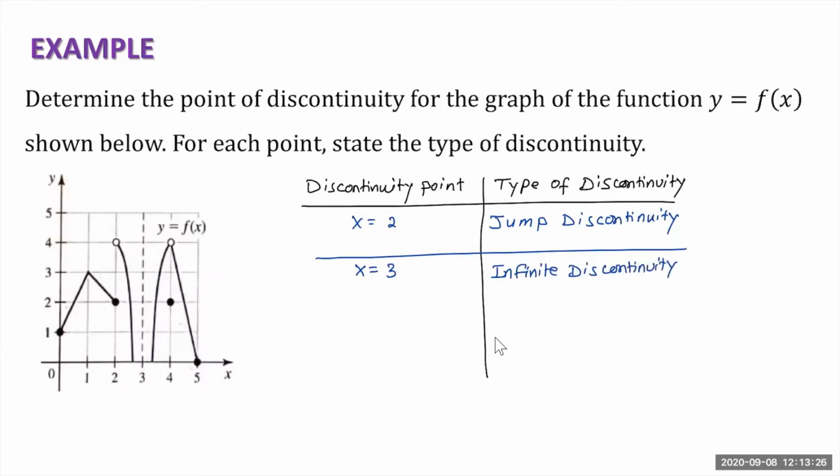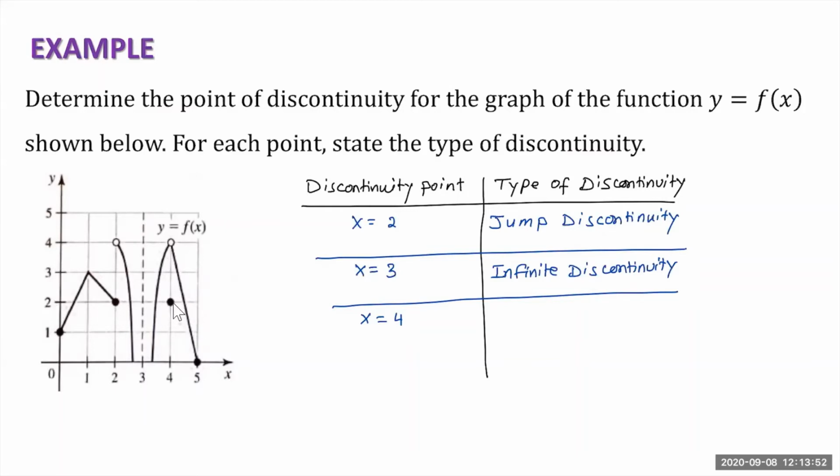This is called infinite discontinuity. Now you will see one more discontinuity here, that is at x equal to 4, and there's a hole there. Here the limit of the function from both sides is 4, but the value of the function is down here, which is 2.